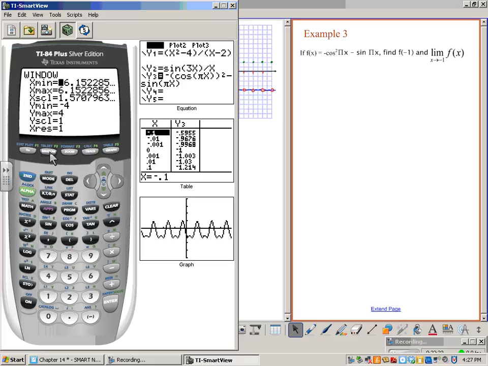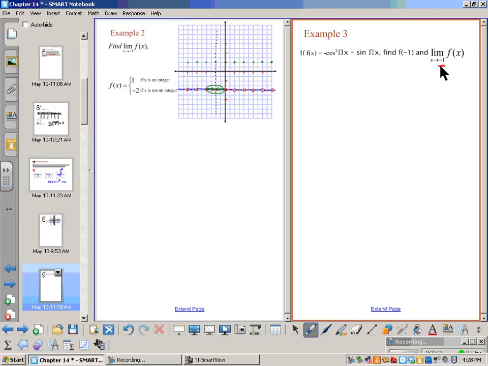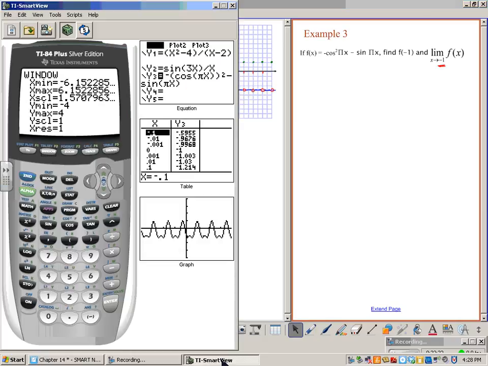Let's just change this, and notice that our limit here is at -1, as x is approaching -1, so we probably want to take that into consideration. It might be nice to actually put that in the center. So if we're going to put that in the center of our graph, then we want to go a little bit to the right, a little bit to the left. So let's say we go from -4 up to 2.